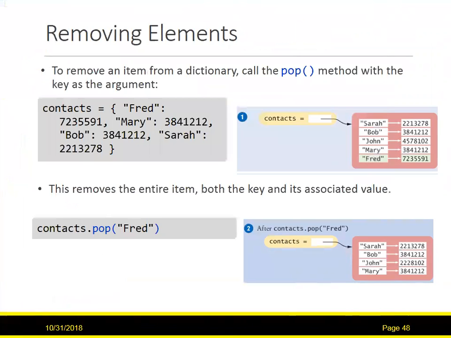Okay, so most of the data sets in Python will allow you to pop, which means give me a specific one and remove it from the list. So in this example for contacts, we're popping Fred out.